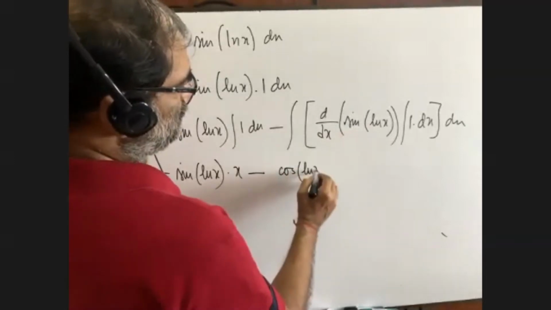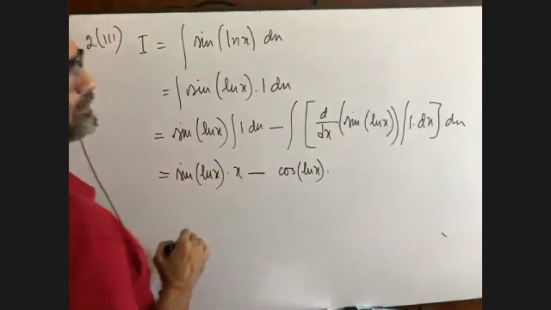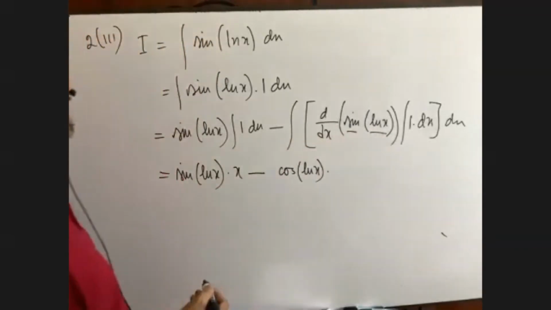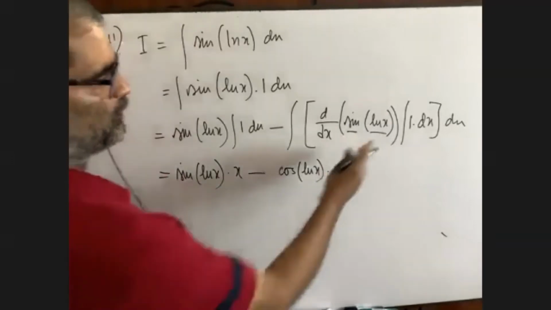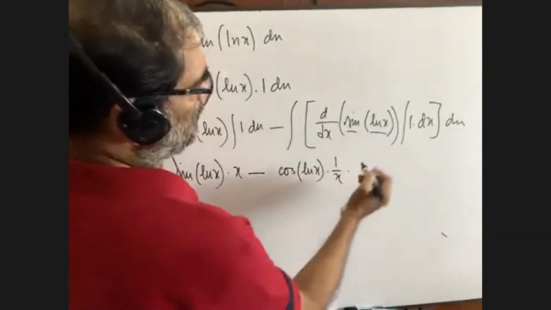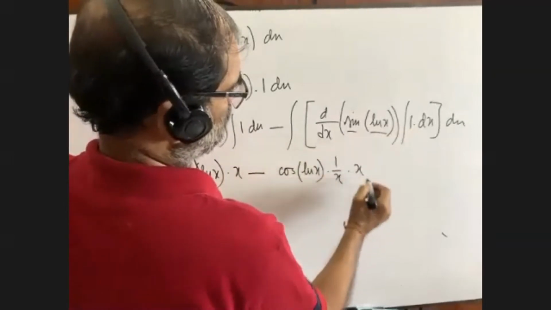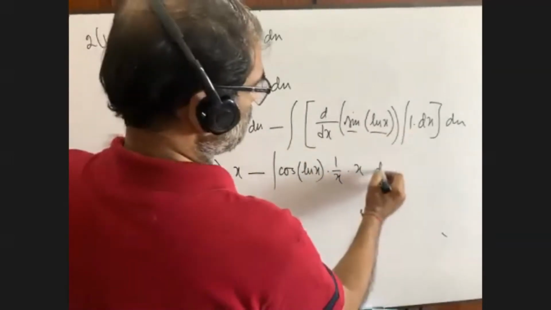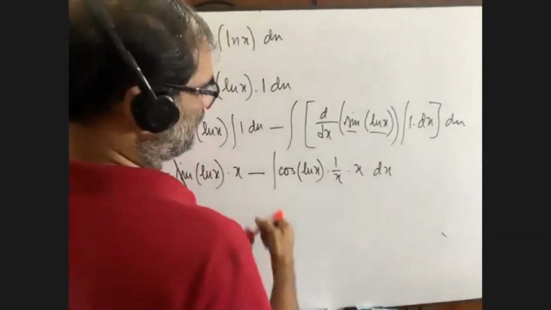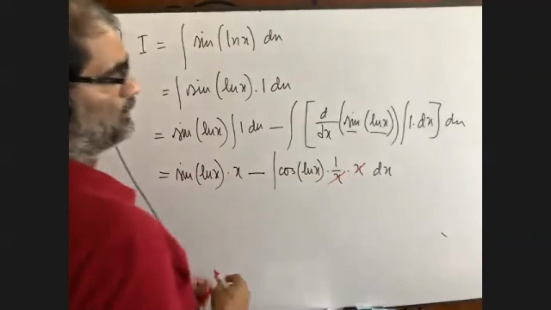Sin x, its differentiation is cos x. But this ln x will be again differentiated, that is 1 by x. Again, it is 1, so it will be x, integration sine dx, where this x and x will be omitted.